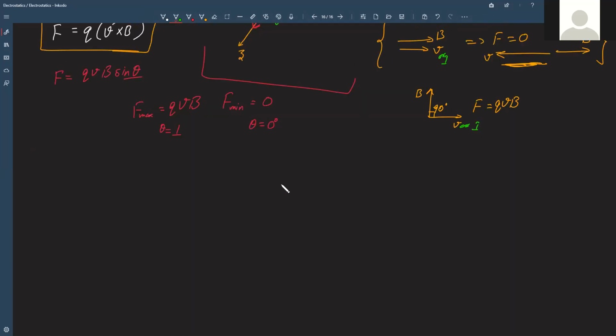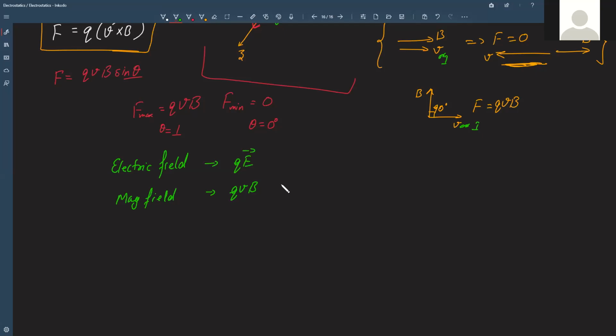That is, in case there is also an electric field, then due to the electric field, we have already seen that the force on the charge is given by QE, and if there is a magnetic field, just now we have seen that the force will be QVB, or QV cross B, right?